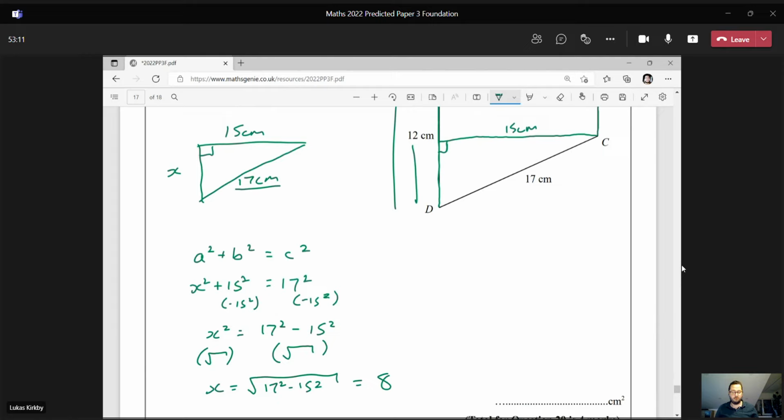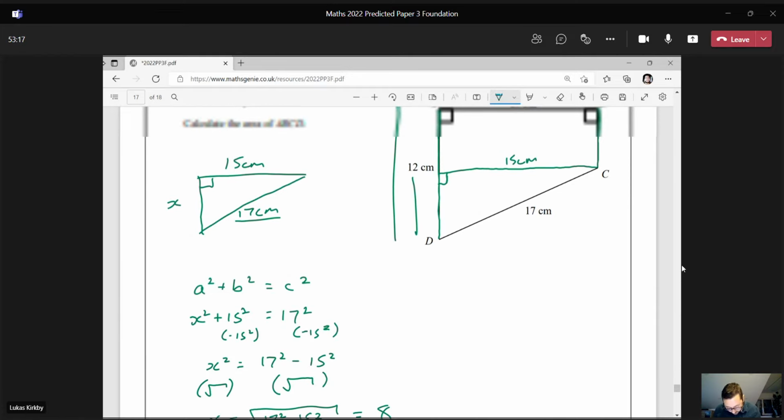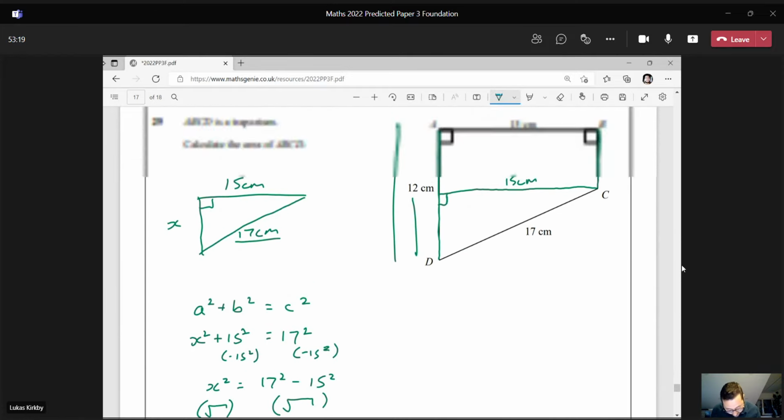So a really nice number there. Let's pop this down in a different colour, and put my units. So this is going to be 8 centimetres. And so if this is 8, then this, to make up the 12, has got to be 4 centimetres. Okay, so now I can use the area for a trapezium.